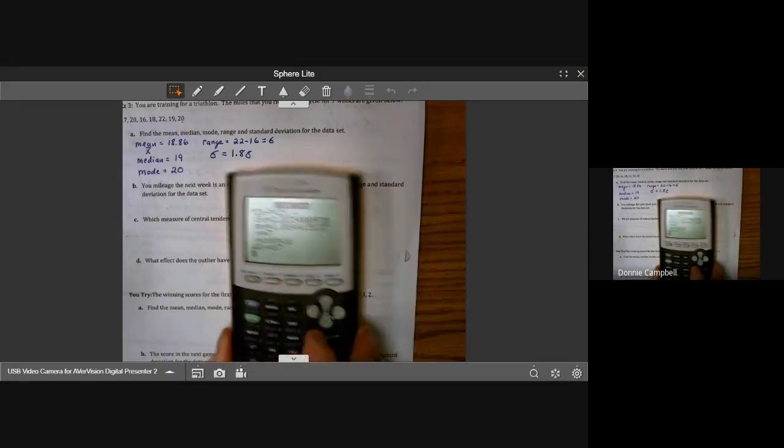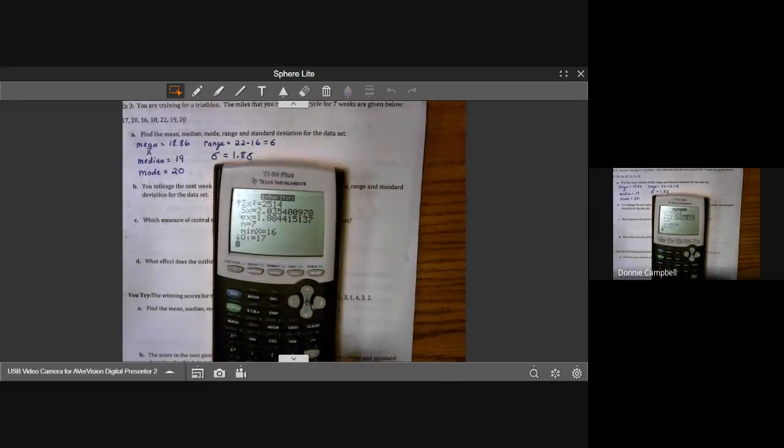Okay. Now, your mileage the next week has an outlier, 3. Find the new mean, median, mode, range, and standard deviation for the data set. Okay. So what I'm going to do is I'm going to put in my stat. I'm going to put in my table. I'm going to add a value for it, which is 3.